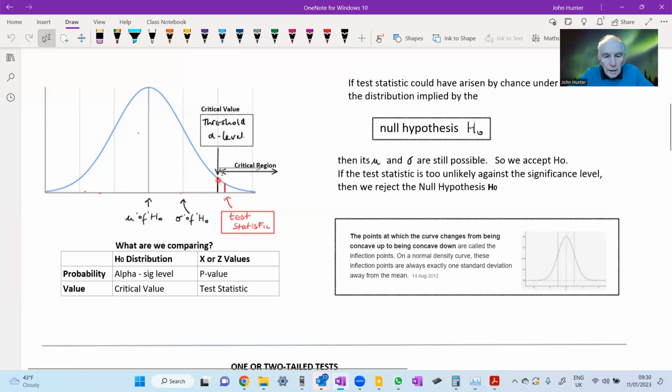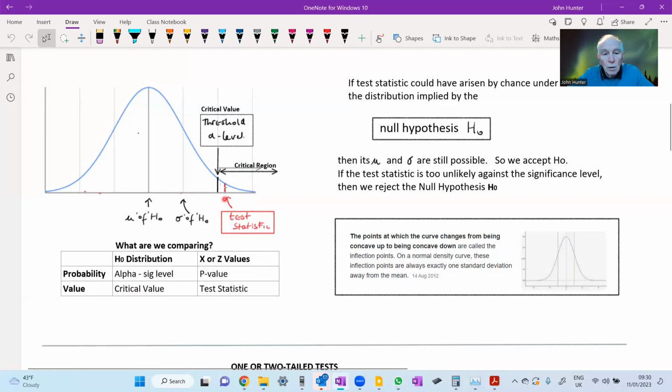Okay, and therefore we're saying the critical region, the region in which we start to think, right, well, this is a bit unlikely, falls to the right of here. So if we take our test statistic and find that it falls in this critical region, then that's pretty unlikely, in terms of our test.